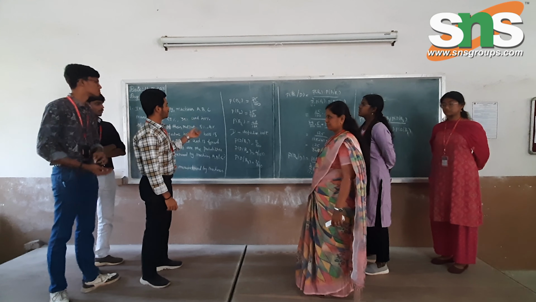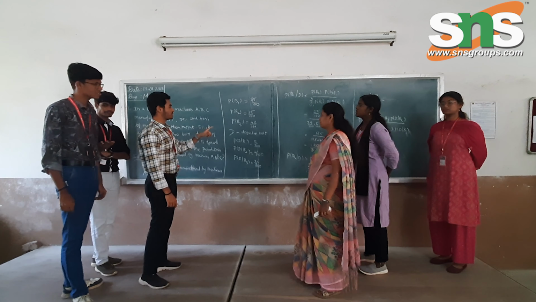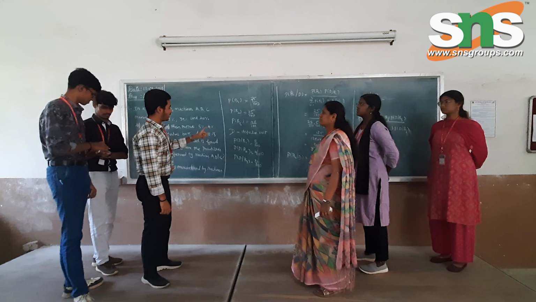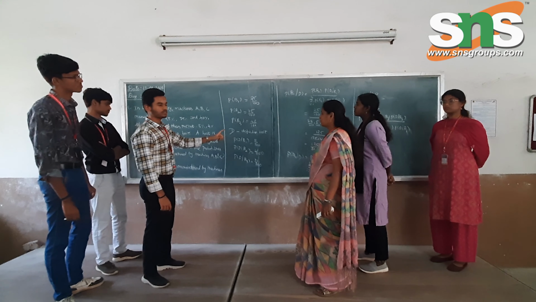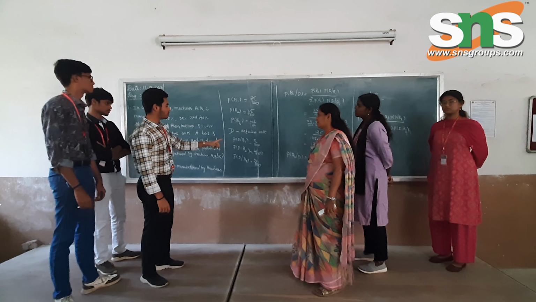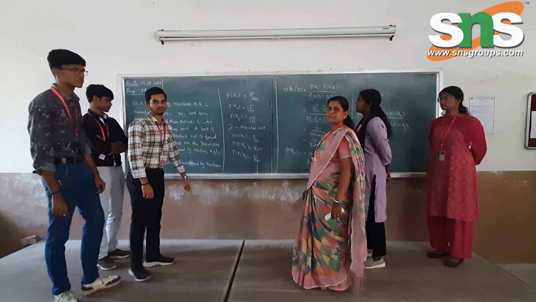We define another event D, which is the defective bolt. For D given B1, the probability is 5 by 100. For D given B2, it is 4 by 100, and for D given B3, it is 2 by 100.